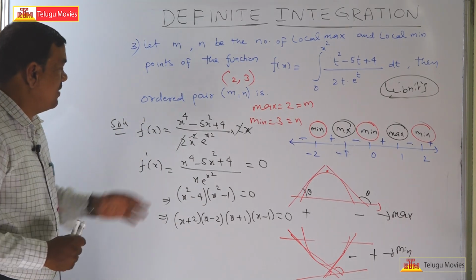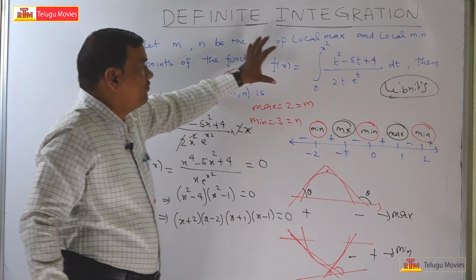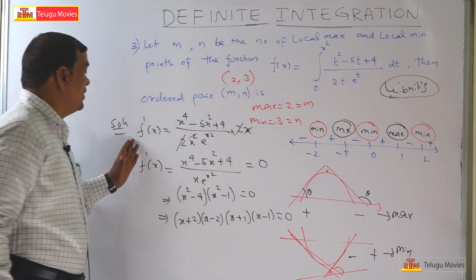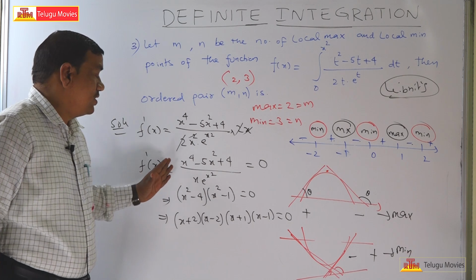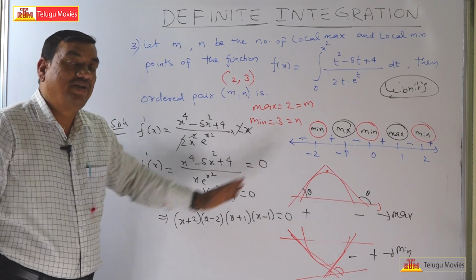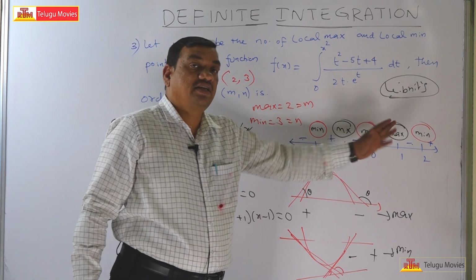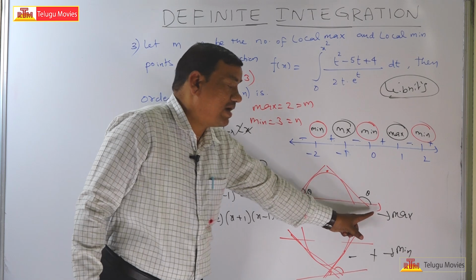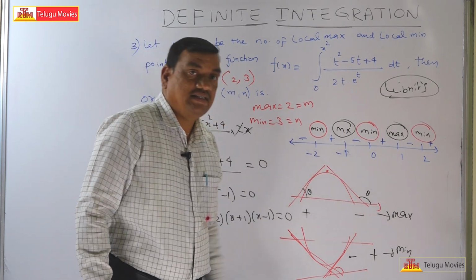So, from this problem, the first thing you have to observe is we have to find out f dash of x. I found f dash of x using Leibniz theorem. For maxima and minima, f dash of x is equal to 0, so I have written the sign scheme. For maxima, plus to minus.